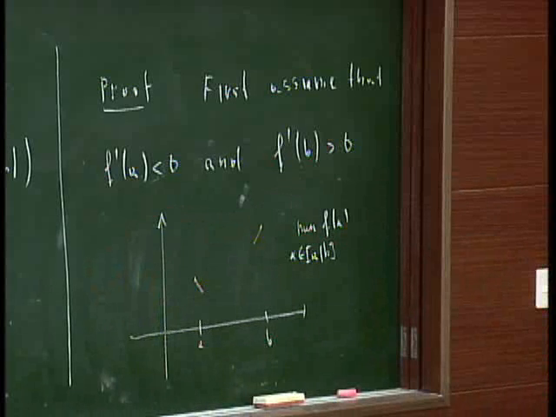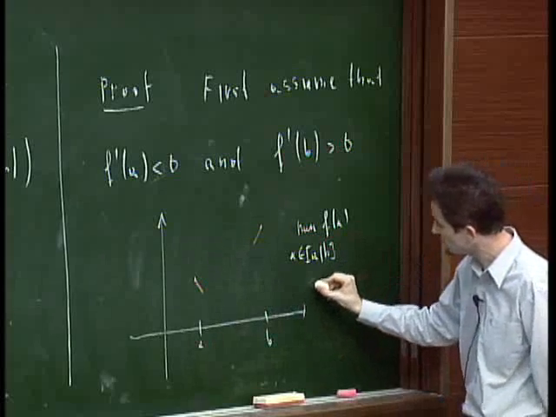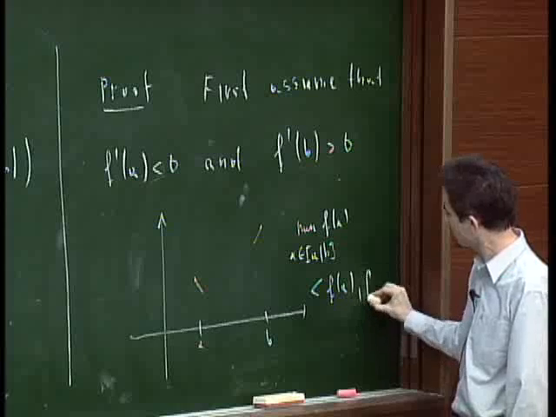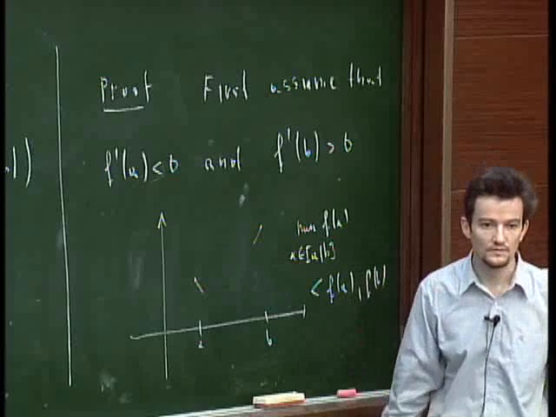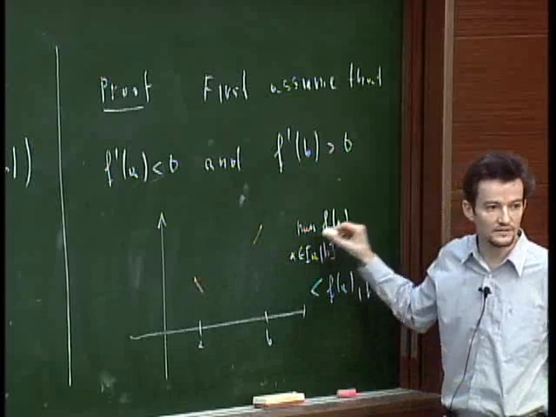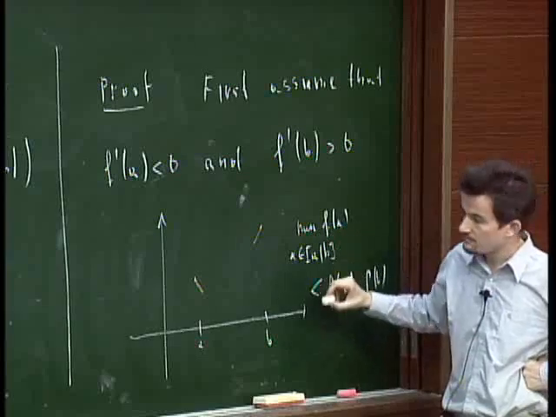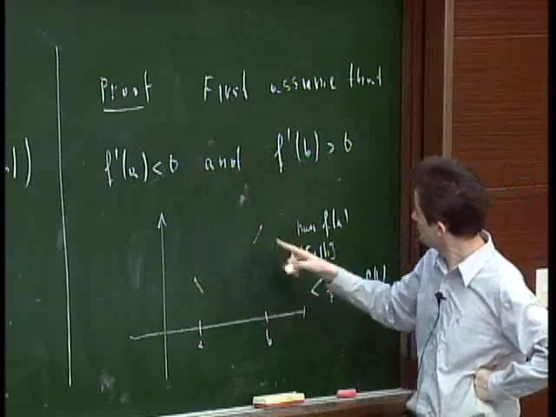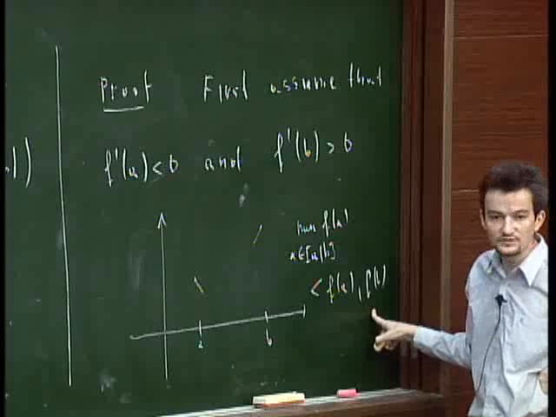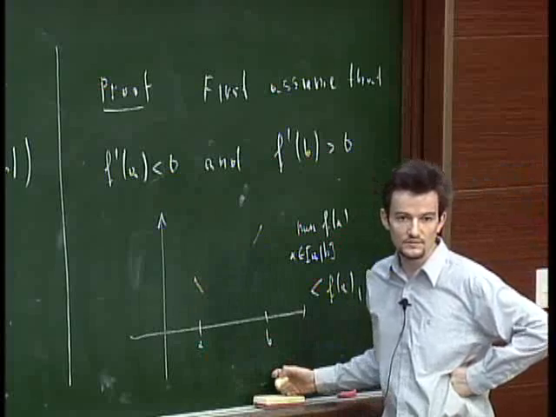If you look at this absolute minimum, from this picture you can see it must certainly be smaller than both f of a and f of b. So once more, here you need the extreme value theorem. It tells you this minimum exists. And because of this assumption, it must be smaller than both f of a and f of b. But this clearly tells you that the absolute minimum is inside the interval ab. So it's also local.